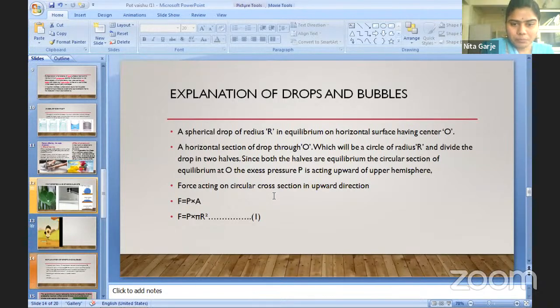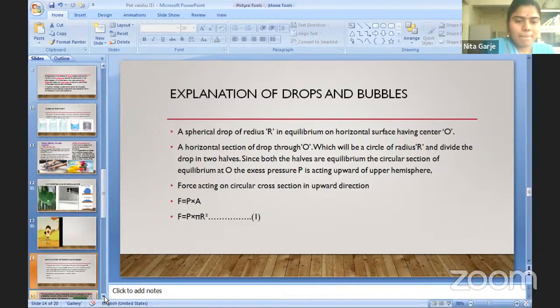So the force acting on the circular cross section in an upward direction is F equal to P into A, where A is the area, so P into pi r square. It is the first equation.